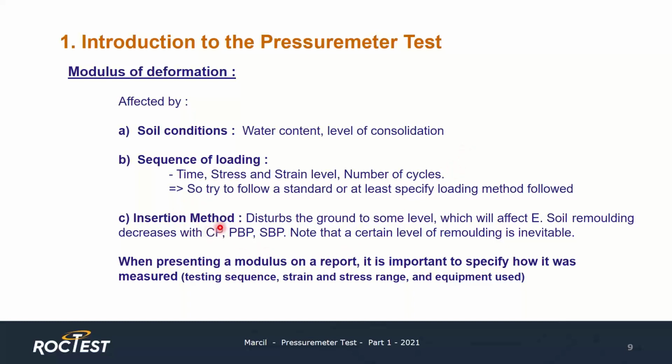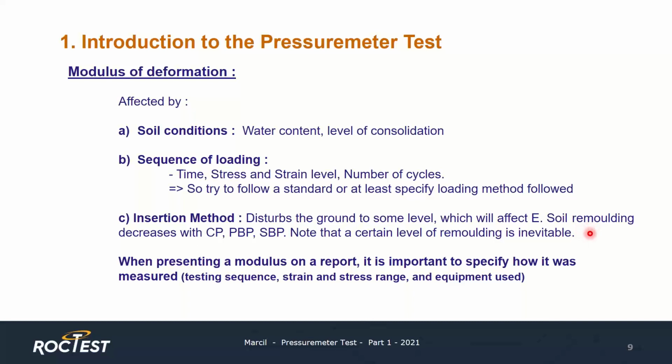Finally, the insertion method is important, coming from the fact that when the probe is inserted into the ground, it will disturb the ground to some level. And this disturbance will affect the modulus.